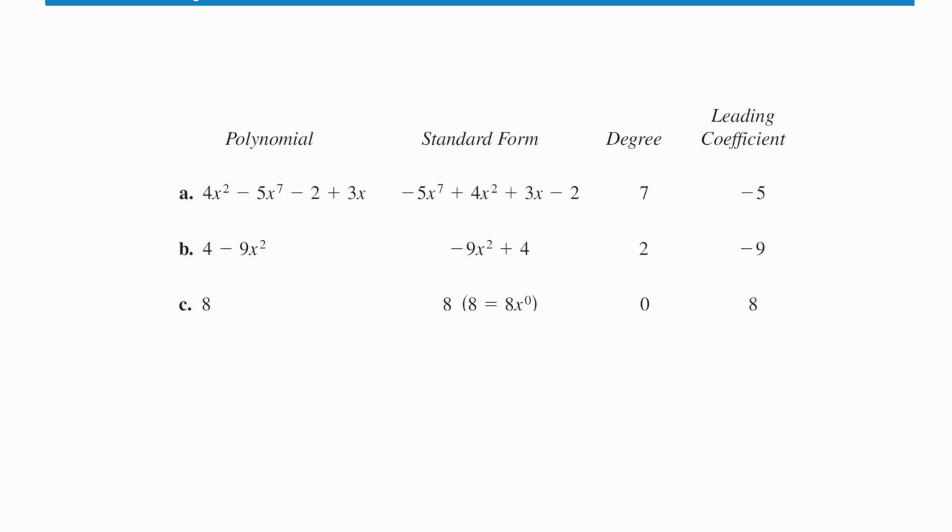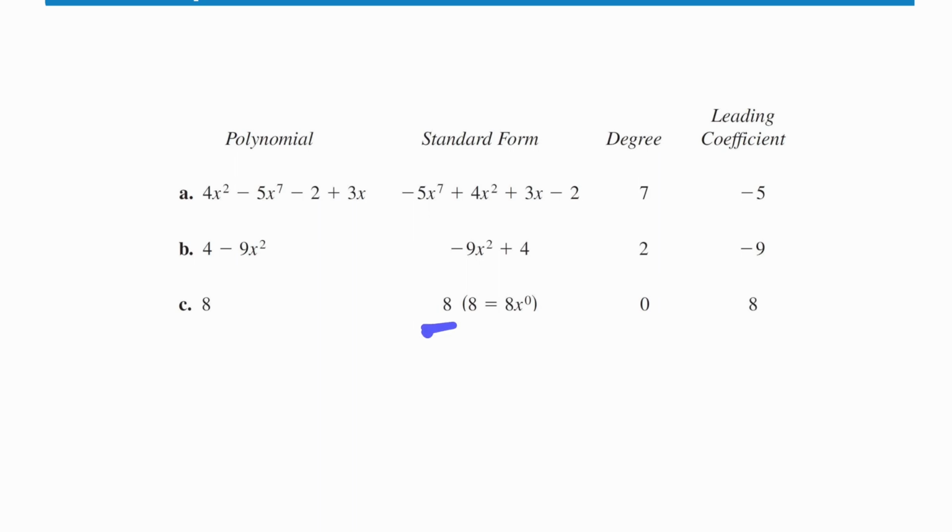Now, when we put it in standard form, it's easier to tell the degree of the polynomial because the degree is going to be the superscript, the power of the variable that is the first variable that you have. So 7 and 2.